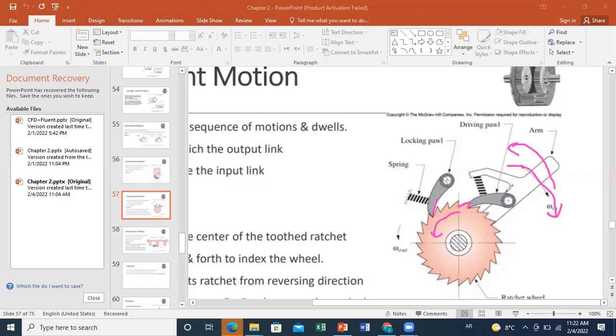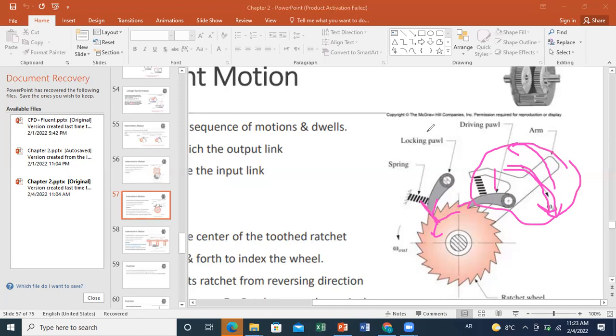Now when you reverse the arm motion, this driving pole will try to move backward, but the locking pole will not allow the ratchet wheel to move. Just this mechanism will be able to go backward, but the wheel will stay in the same position, because you have a locking effect here.